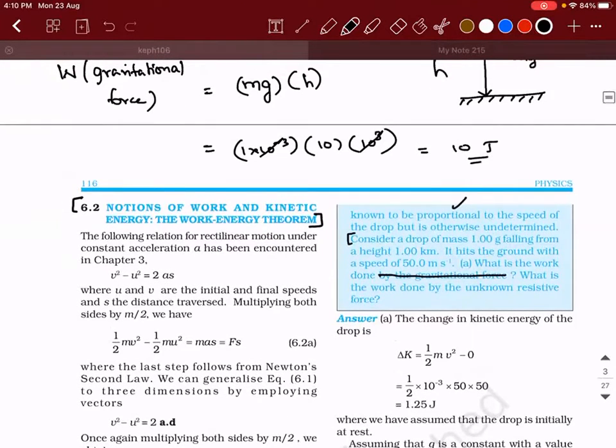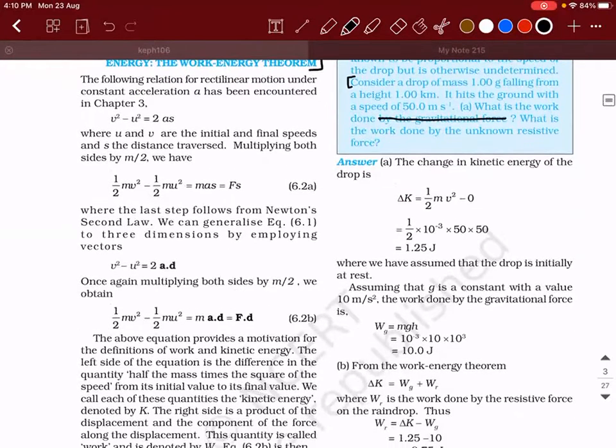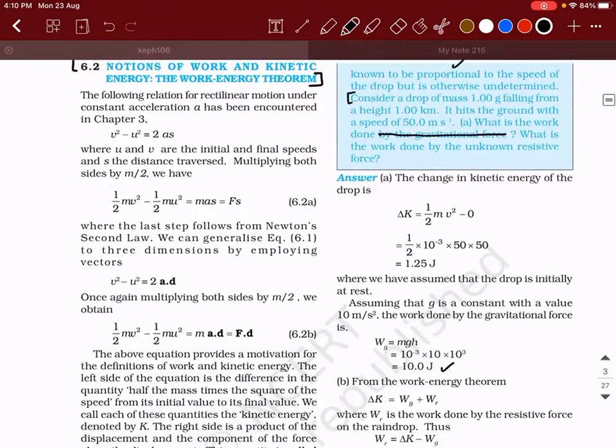Did I make any mistake? What is the work done by the gravitational force? Yes, mgh, that is 10 joule. Work done by the gravitational force is 10 joule.